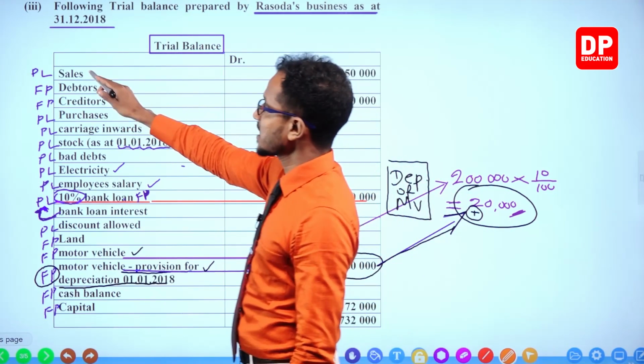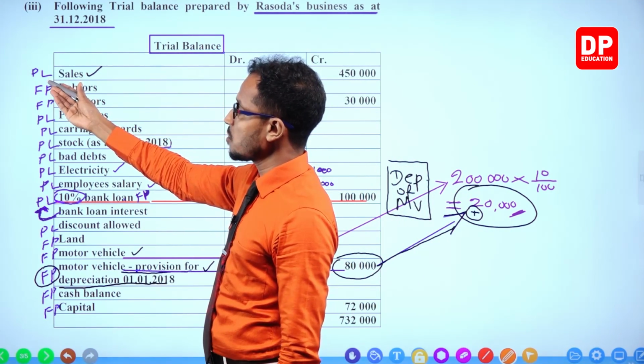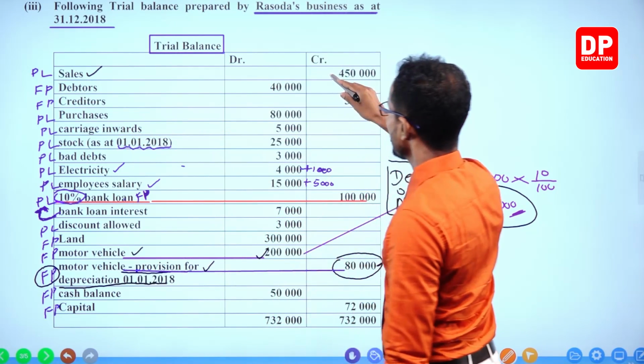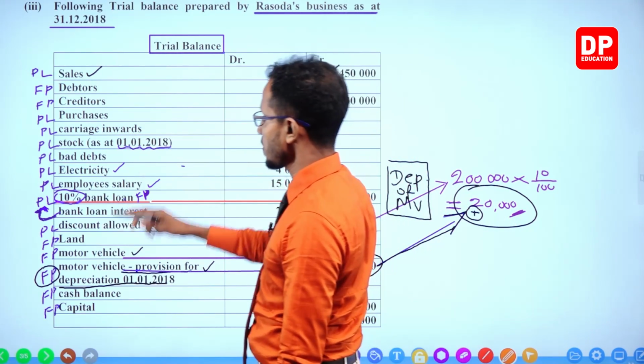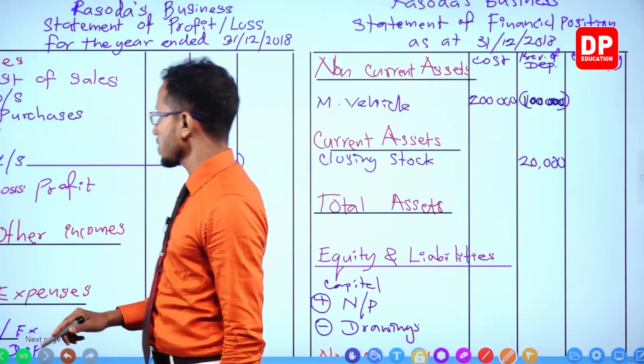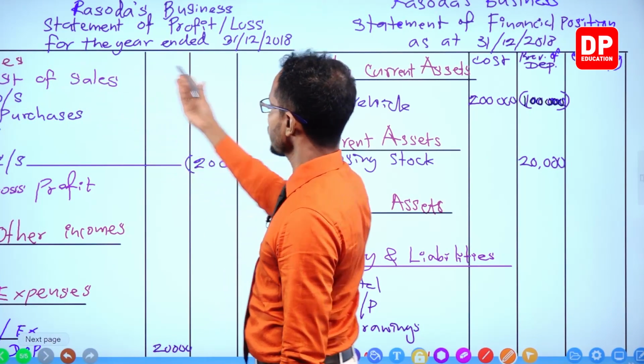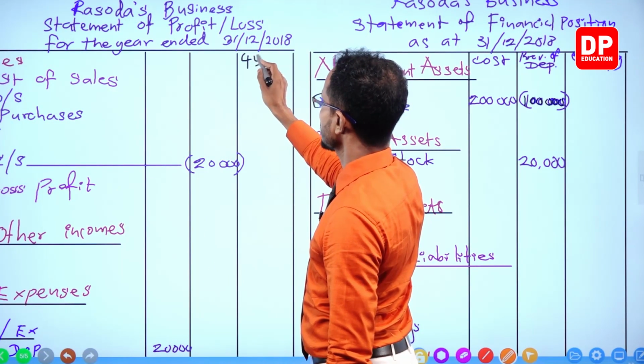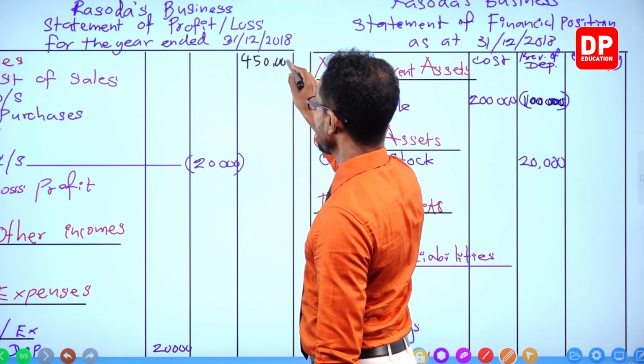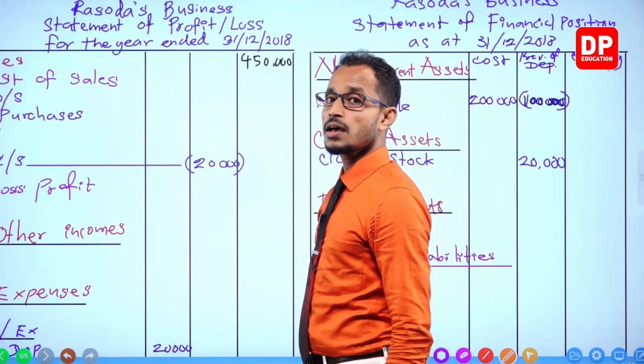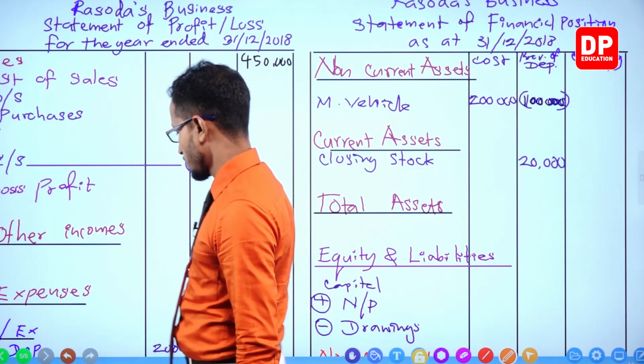First, let's take sales and it should go to P&L. 450,000. Sales is on top. 450,000 should be mentioned on the last column.